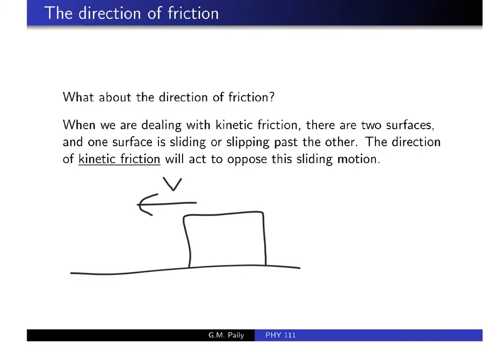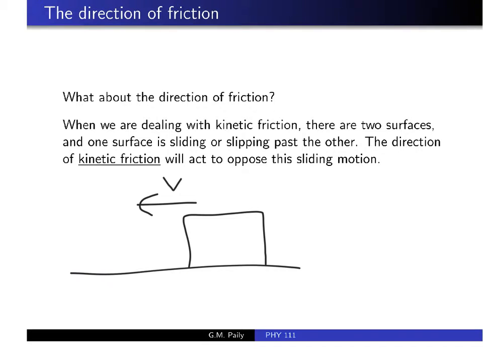That is, the frictional force by the box on the table would be acting on the table in this direction. Why is that? Well, from the box's perspective, the table is sliding this way, and so to oppose it, the box will exert a frictional force in the opposite direction.